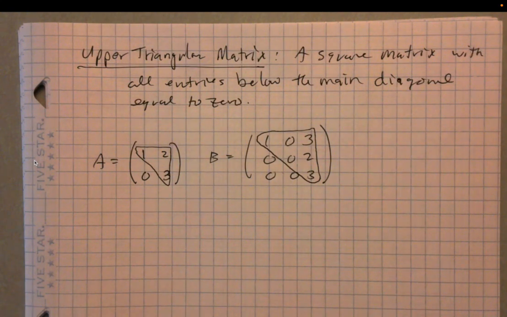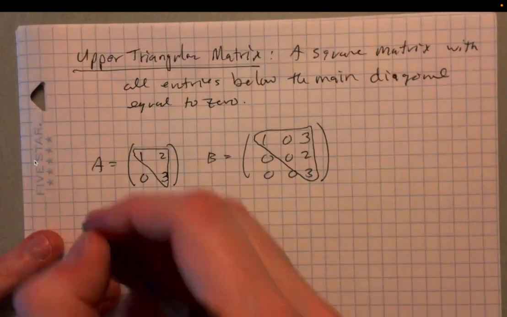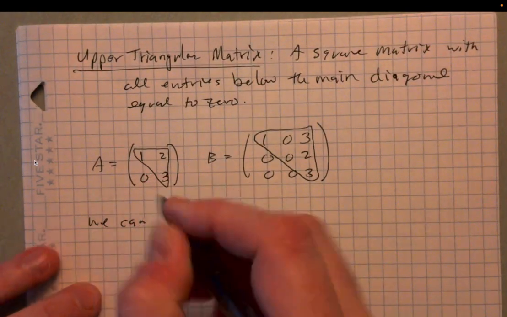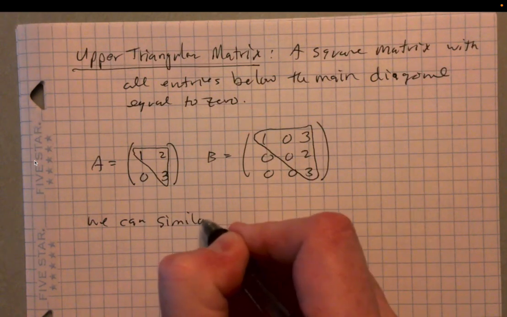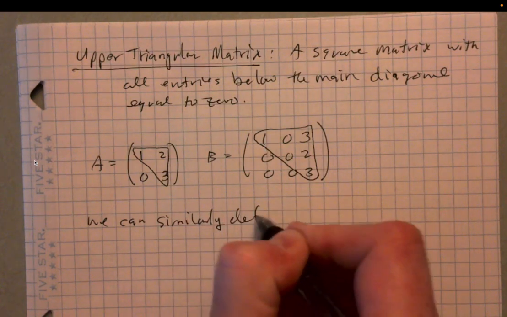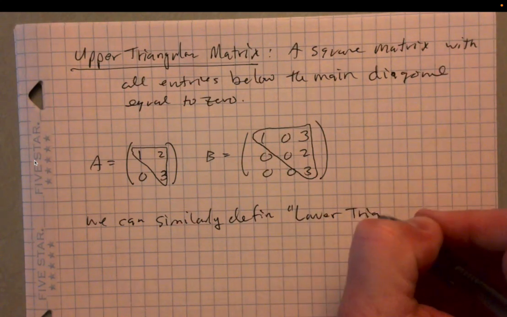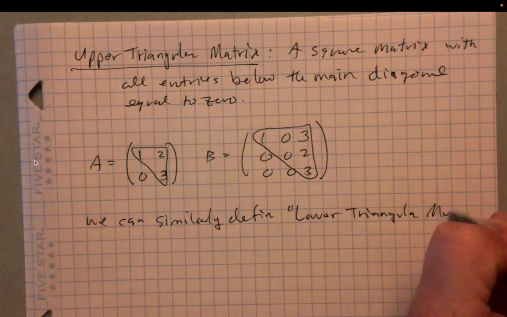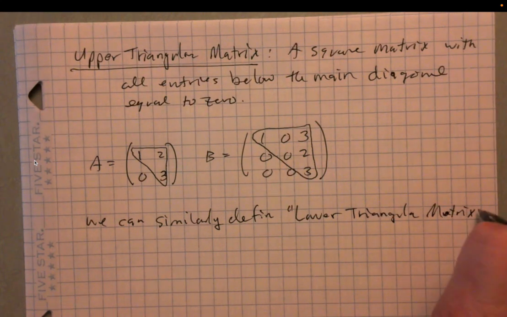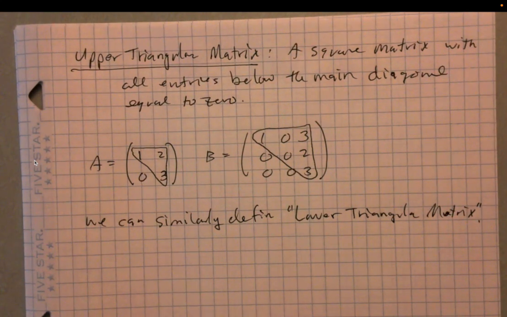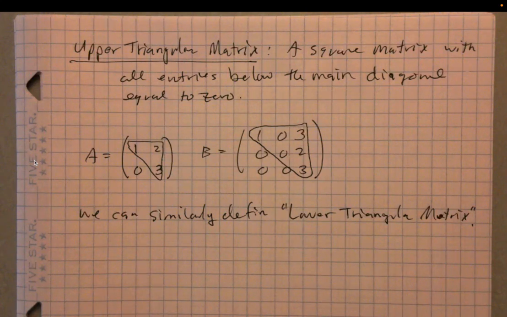We can similarly define a lower triangular matrix. I won't write it out, I'll just state it. A lower triangular matrix would be a matrix where everything above the main diagonal is 0.